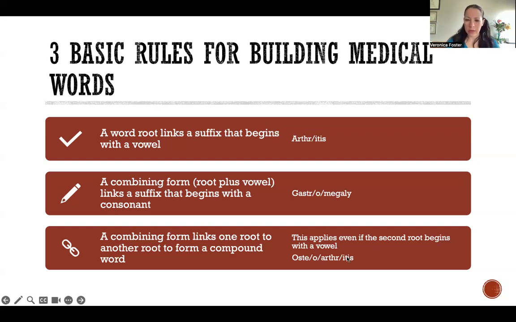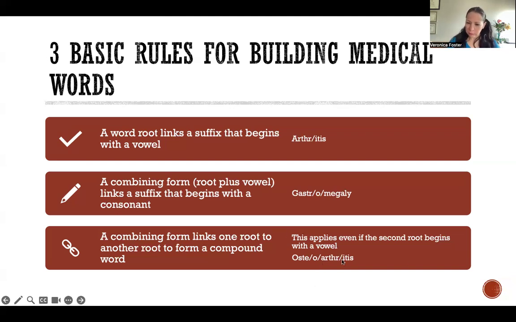Okay, so an example is osteoarthritis. In this case, oste and arthr would be the two word roots, but we would use the combining form of the first one to make it osteo, even though arthr starts with a vowel.